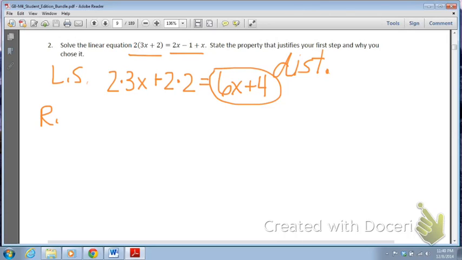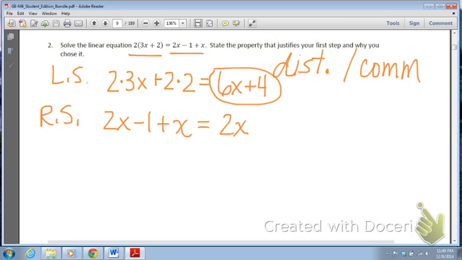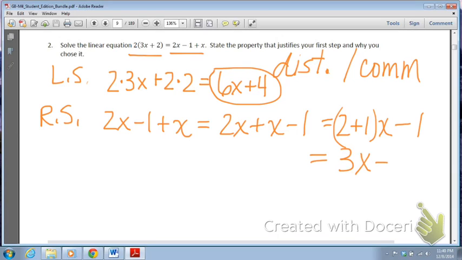The right side is a simpler expression. So the right side is 2x minus 1 plus x. Well, I can reorder that by commutative, so maybe I should put distributive, commutative again. I've got 2x plus x minus 1, which is equal to 2 plus 1 times x minus 1, which is 3x minus 1.